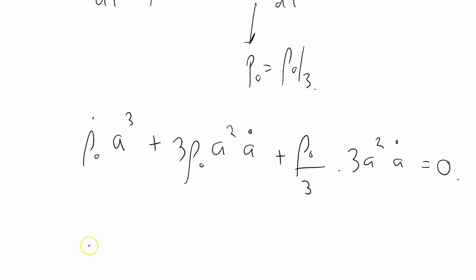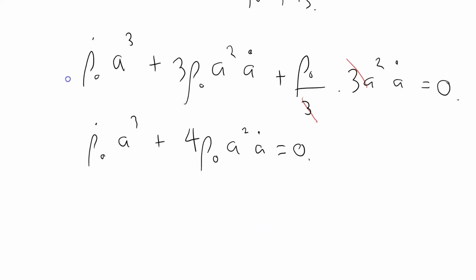Right, so that means that rho 0 dot a cubed plus 4, because the 3's cancel here and here, I guess. 4 what? 4 rho 0 a squared a dot equals 0, and then I'm just going to multiply by a.